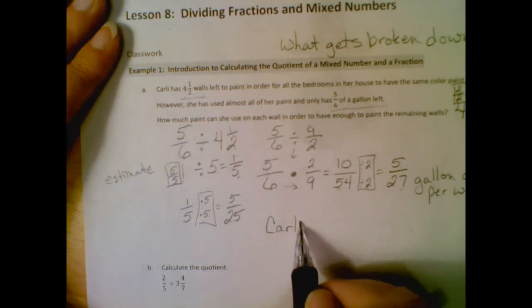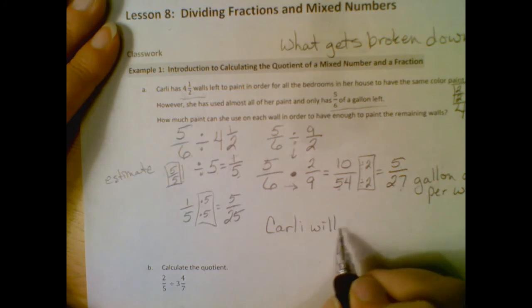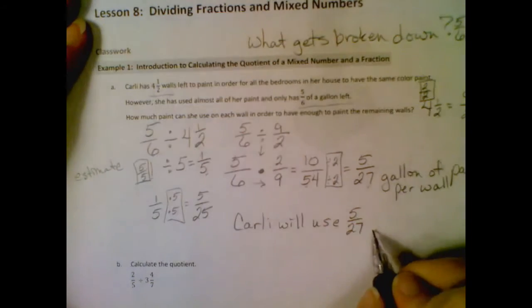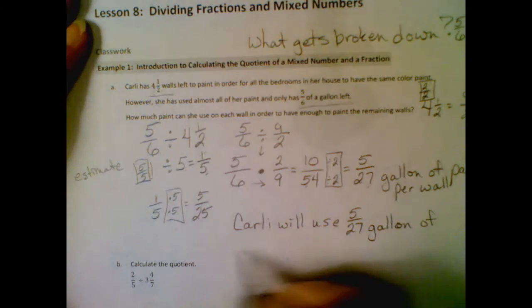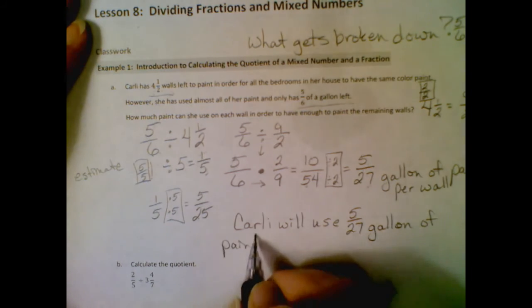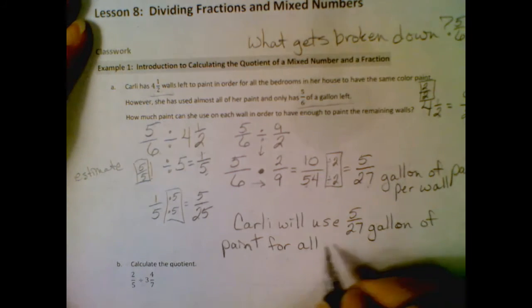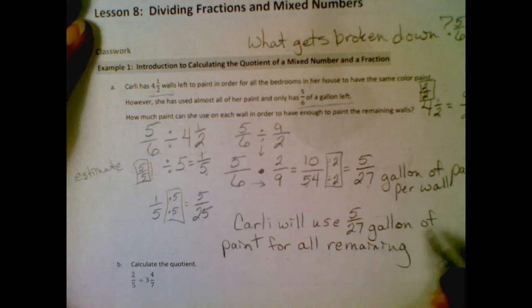Carly will use 5/27 gallon of paint for all remaining walls.